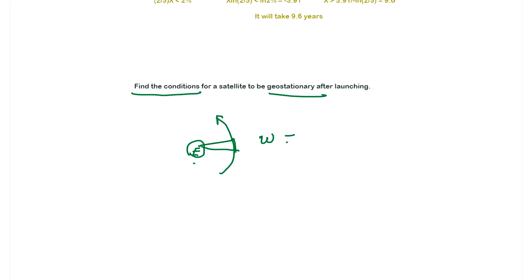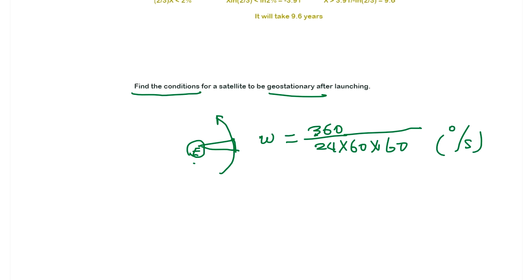What is Earth's angular speed? It's 360 divided by 24 times 60 times 60. So this is the angular speed, degrees per second. Okay, that's the speed Earth is rotating.